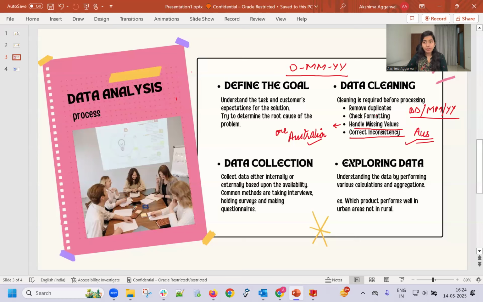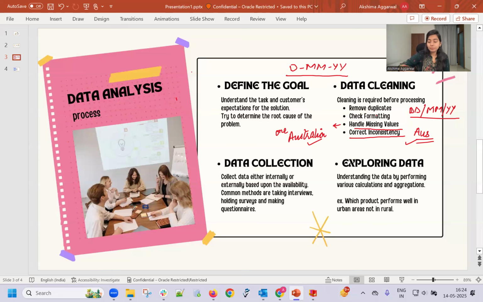For example, which product performs well in one area, not in the other area, and where the sales are high in which quarter and low in which month, in which region. So we need to explore the things by analyzing the pattern of the data, by seeing the past trends to the current trends, so that we are able to analyze the future trends.